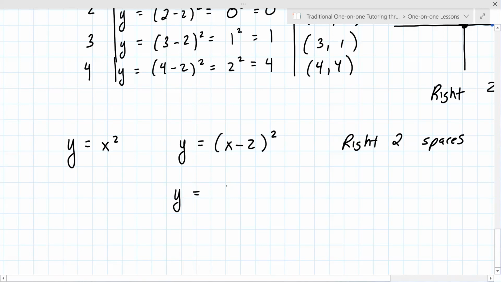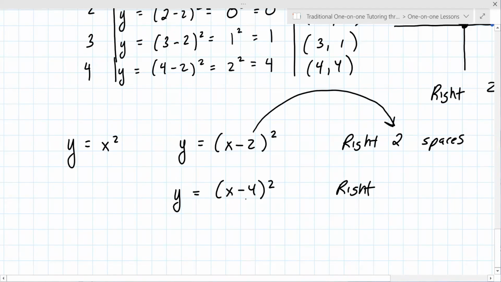So if I write y equals parentheses x minus 4 squared, this is going to be right how many spaces? The first one is right 2 spaces because it's minus 2.